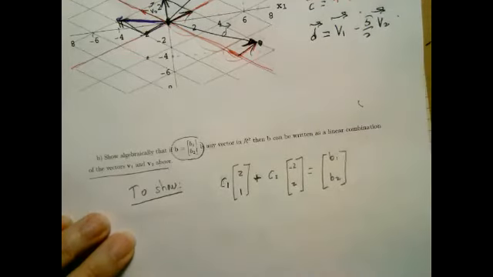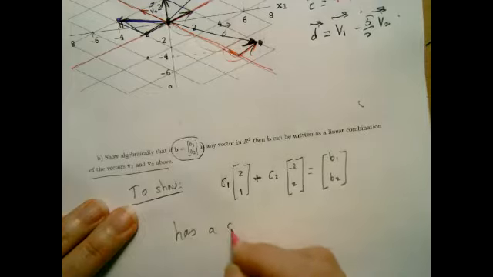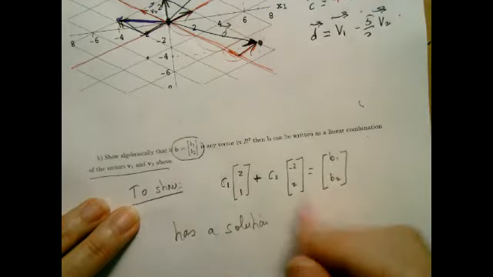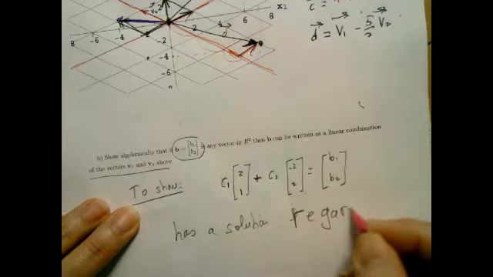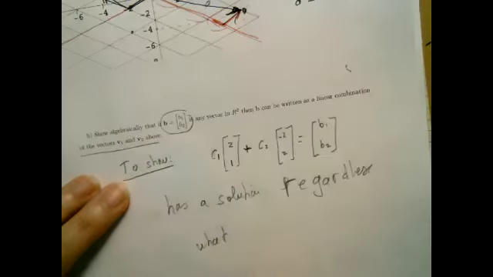So that's what we have to show, that this vector equation has a solution regardless what B is, what the vector B is.